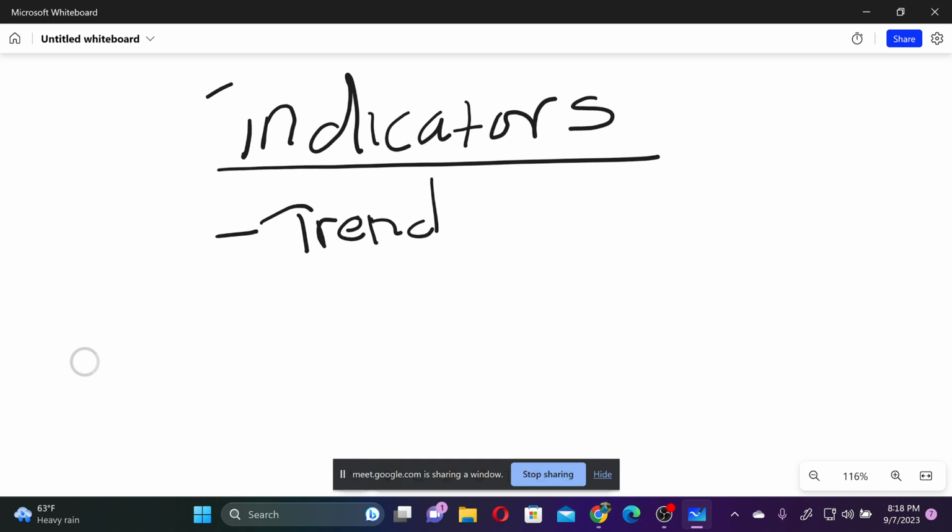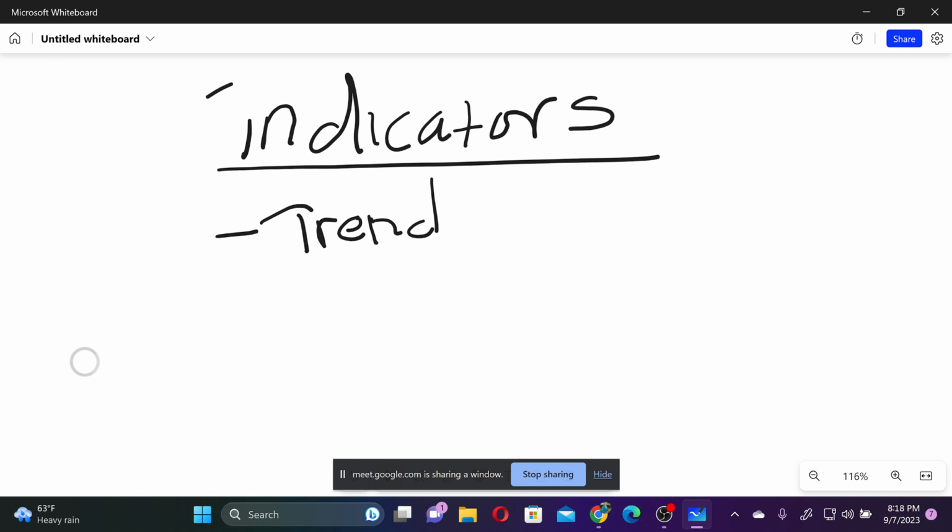An uptrend is where the market is going up, a downtrend is where the market is continuously going down, and sideways is when the market is moving within a range. For example, gold just going 1920, 1930, 1920 again, that is sideways. But when it is an uptrend, it is actually going up.